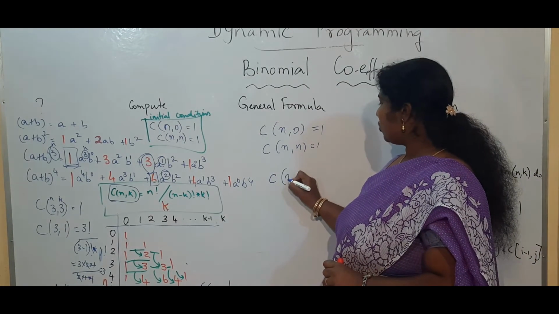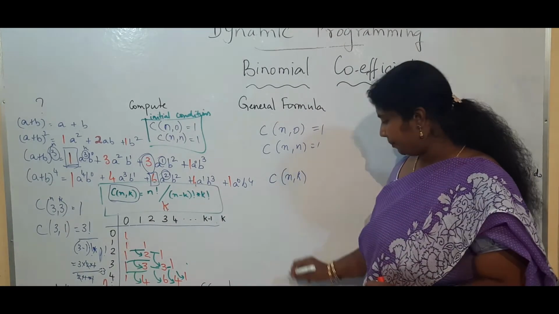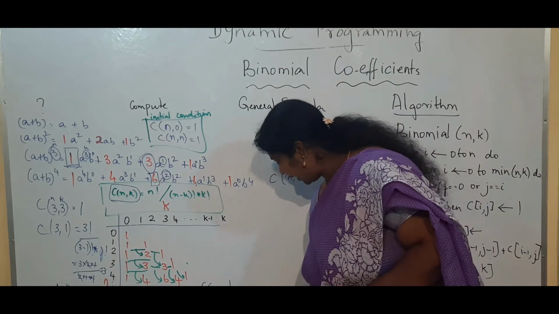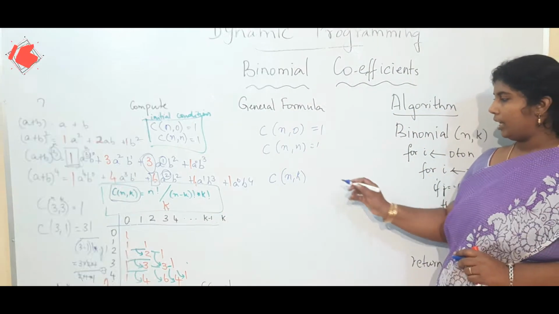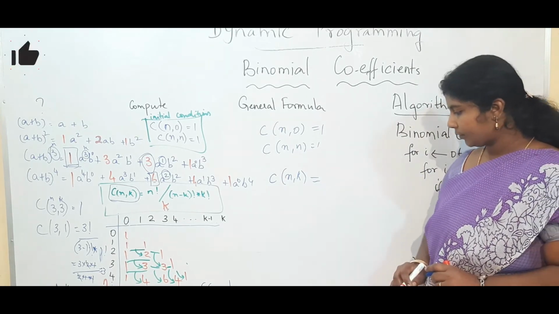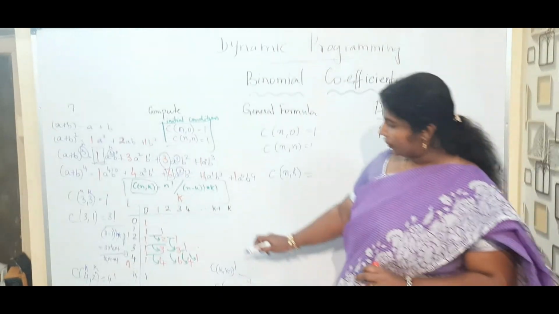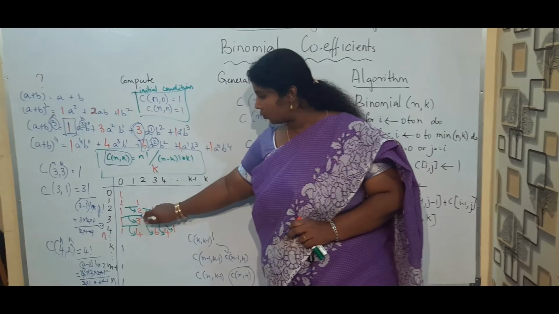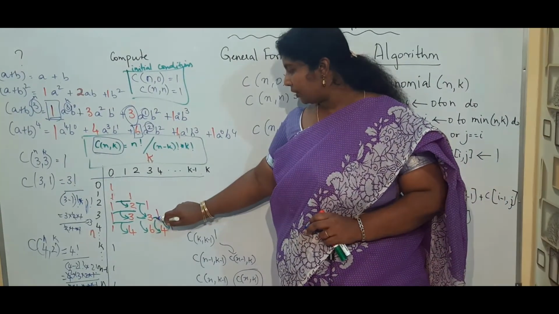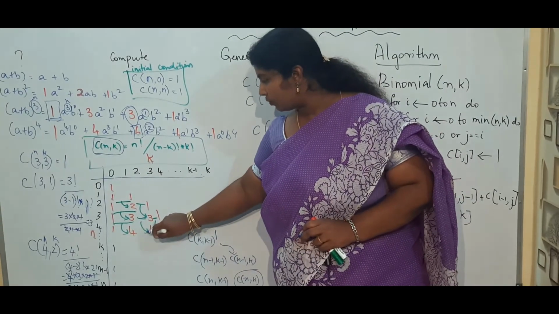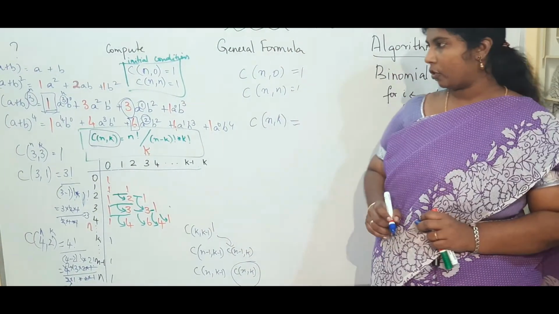Here C of n comma k is what we want. As I told you, the summation of these two will give you this.